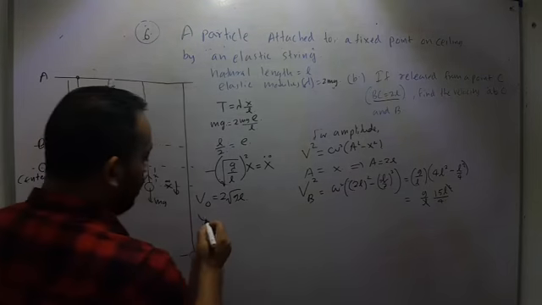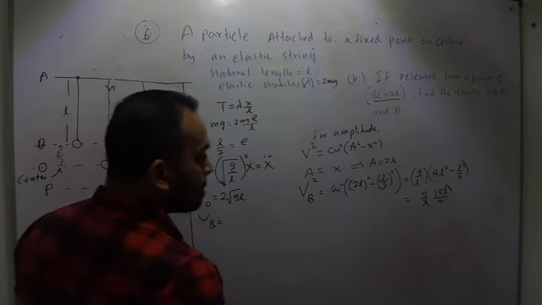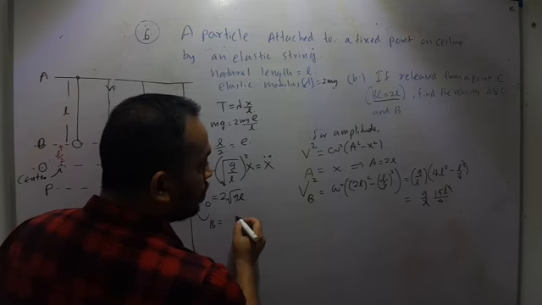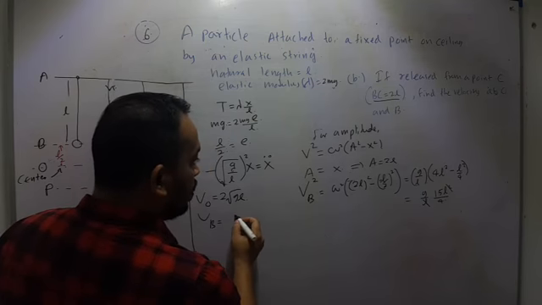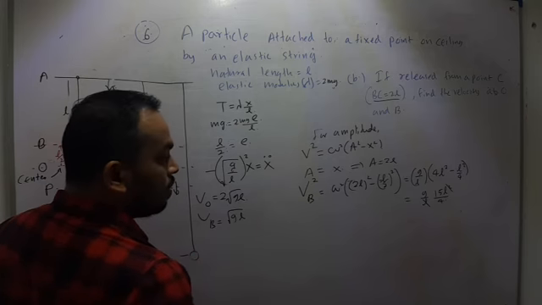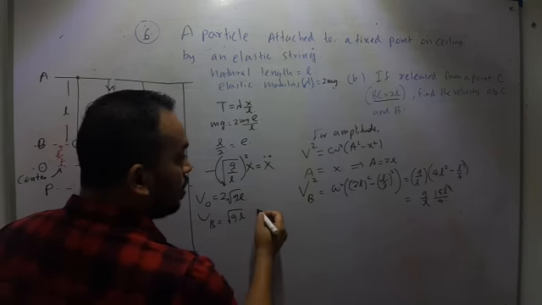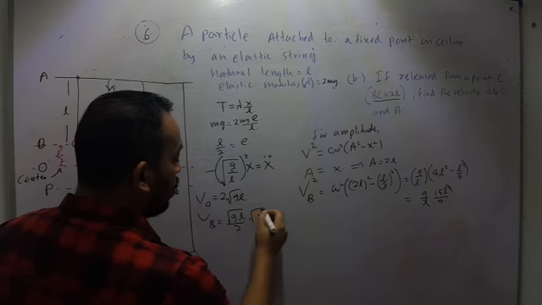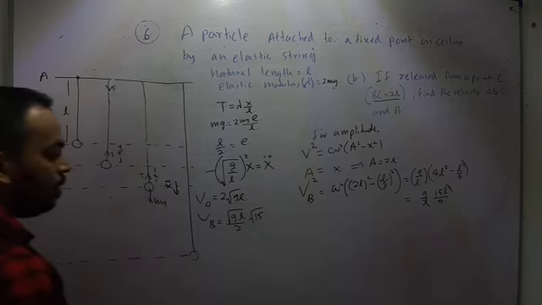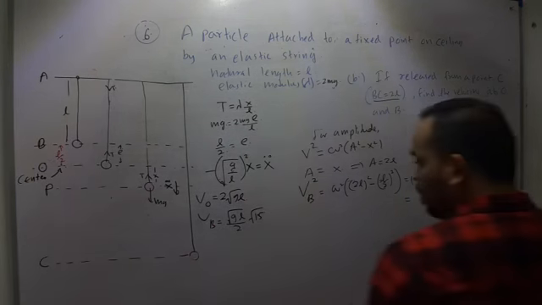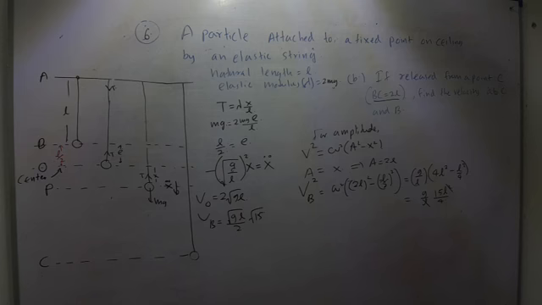Therefore, velocity at B would be root 15 over 2 times root GL. This is the velocity at B.